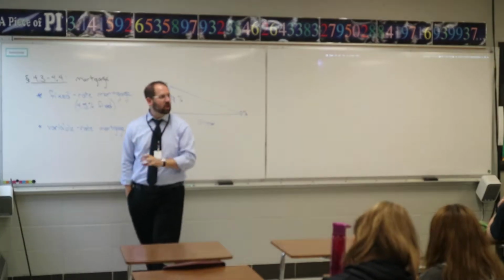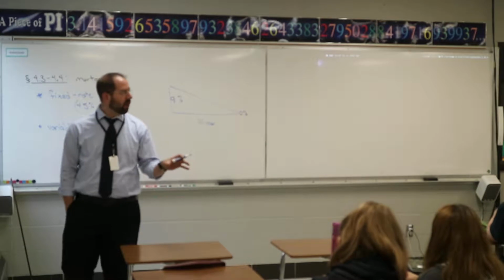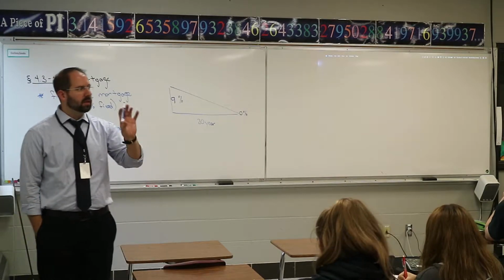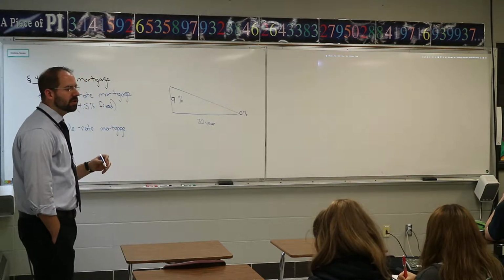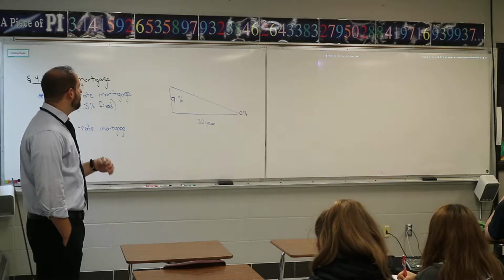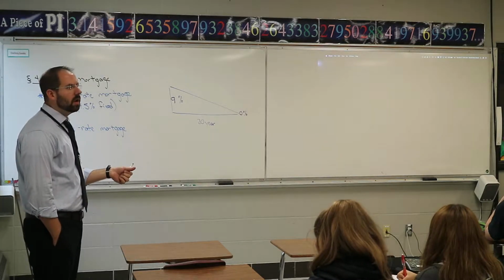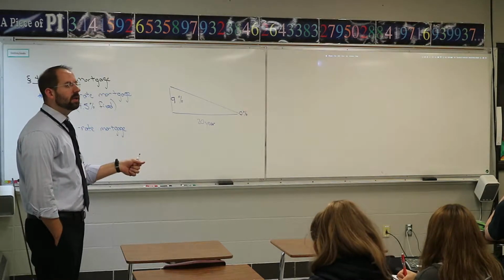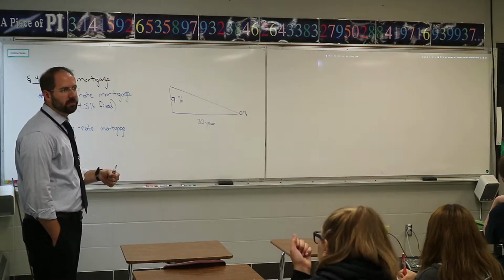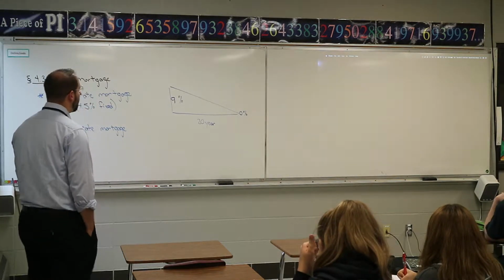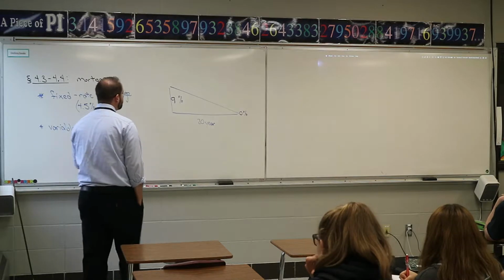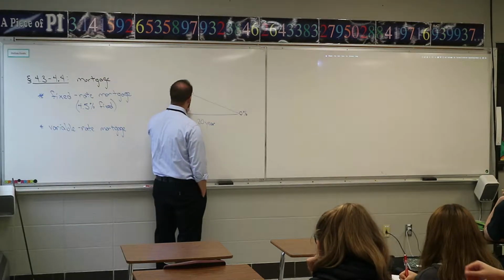So it goes down in chunks. You're paying a lot of interest up front, you'll pay a little bit until the point where those last few years you're not paying any interest. So the bank got the same amount of money that they wanted to, but you paid a lot of money up front, so later in your life you don't have to pay as much for your house. Some people like to do that. It makes sense for them. So this is kind of the variable idea where maybe you chunk it out.